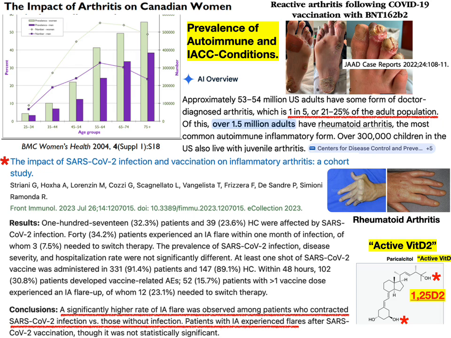Conclusion, a significantly higher rate of inflammatory arthritis flare was observed among patients who contracted SARS-CoV-2 infection versus those without infection. Patients with inflammatory arthritis experienced flares after SARS-CoV-2 vaccination, though it was not statistically significant.